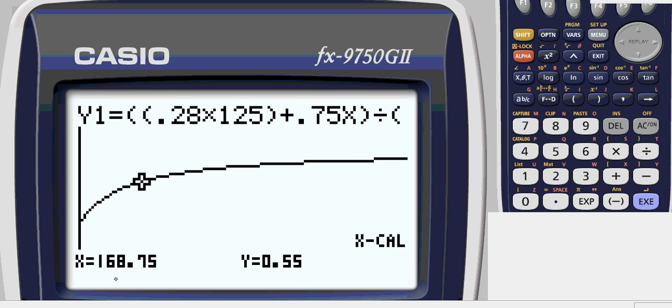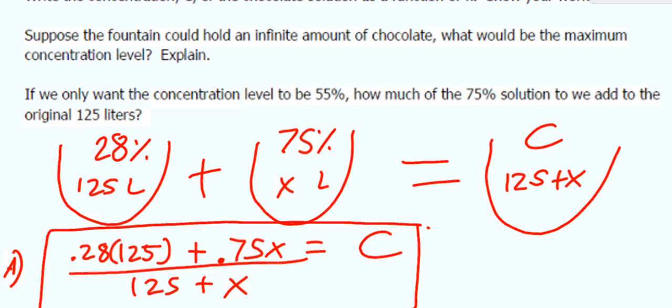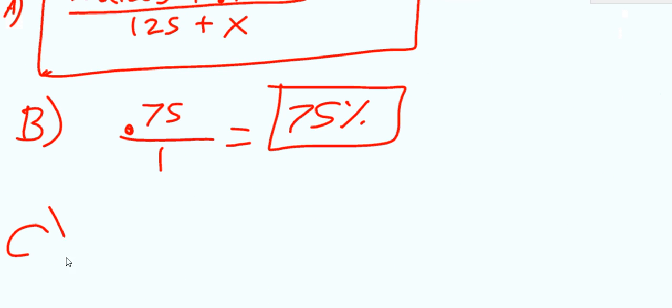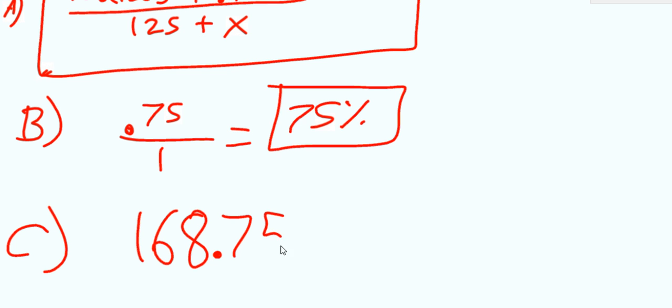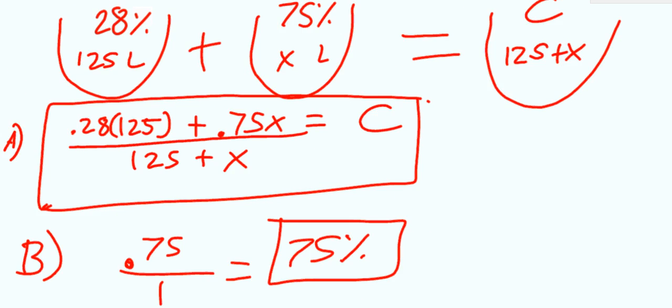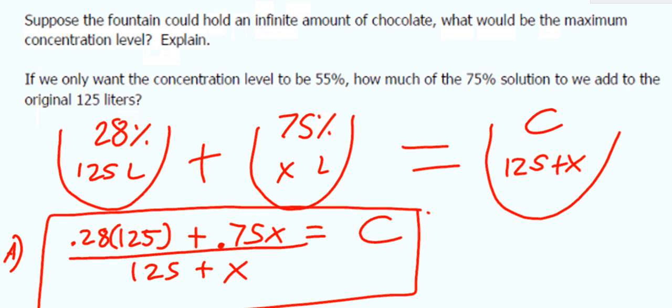And the X value is 168.75. And that's how much you had to add, so that's liters, to the original 125. Good.